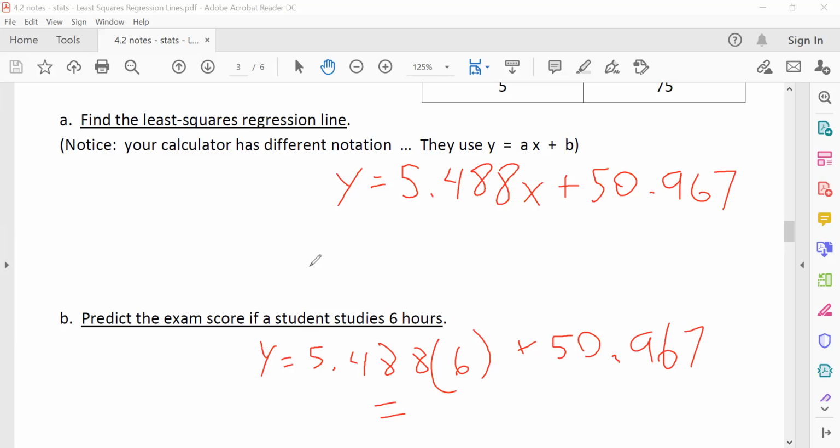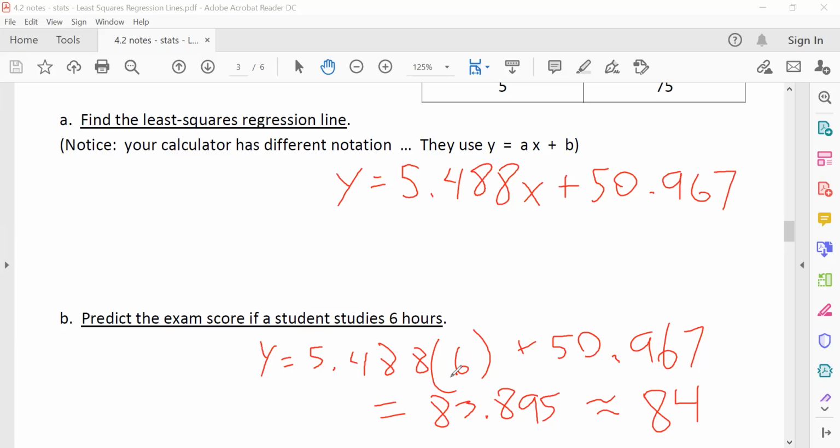So we would do 5.488 times 6, add on 50.967. We get about 83.895, which we can round to about an 84. So we get that.